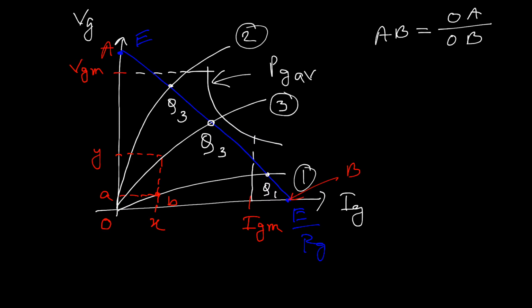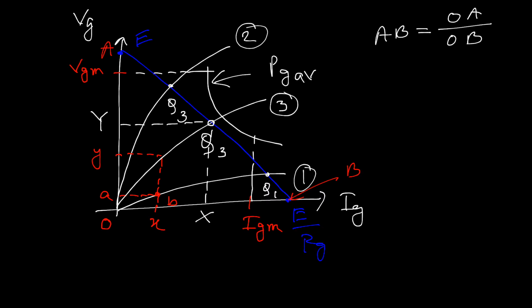That means at this particular operating point Q, the amount of current flowing through the gate to cathode is, suppose, OX, and the amount of voltage given across the gate to cathode terminal is, suppose, capital Y. So we can say at this operating point Q3, the gate characteristics of thyristor 3 can be operated by the gate biasing voltage OY, and at that voltage the allowable current is OX, and the resistance of the driver circuit is represented by RG.